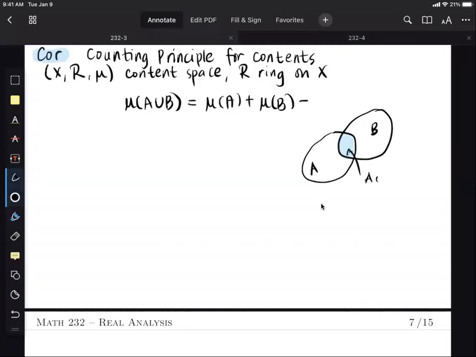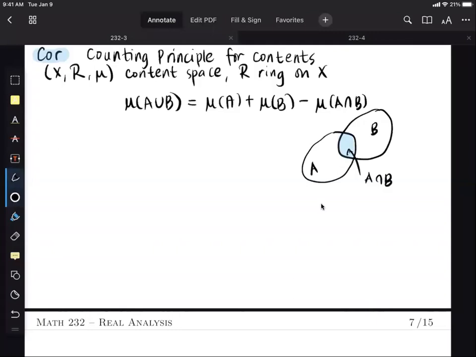So this intersection has been, the content of it has been computed twice, one as a subset of A and one as a subset of B. So to adjust that, we need to subtract the content of the intersection once.